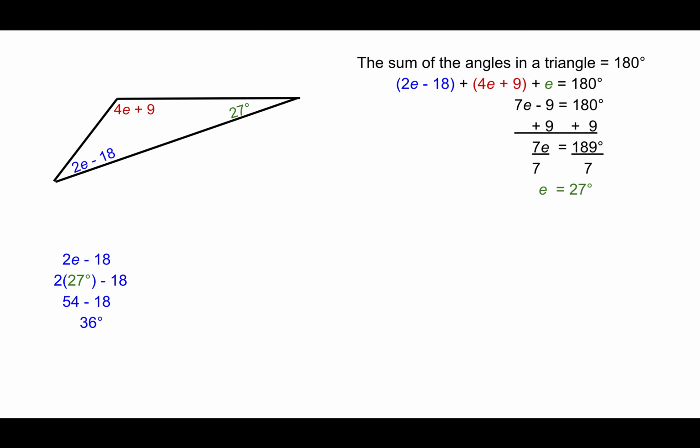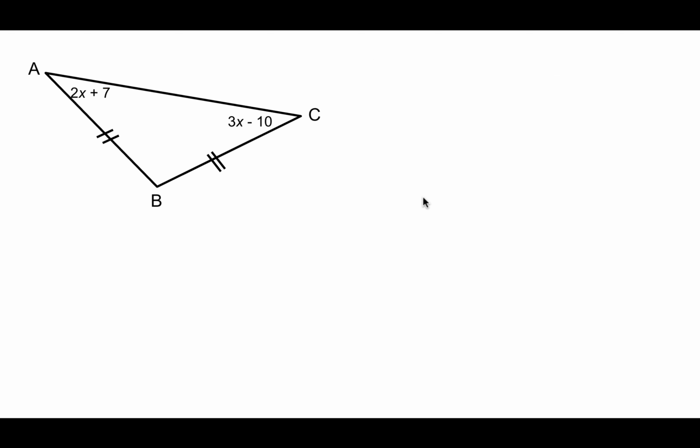So the blue angle is 36 degrees. And let's look at the red one, 4e plus 9. Again, replace the e with 27 degrees. And the product of 4 and 27 is 108. And the sum of 108 and 9 is 117 degrees. If we add 36, 117, and 27, we will get 180 degrees.